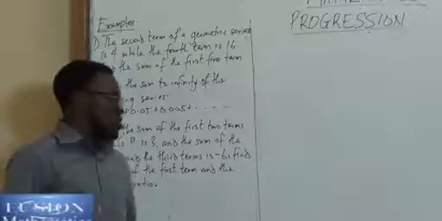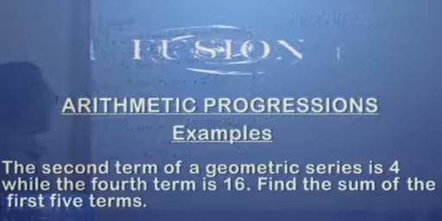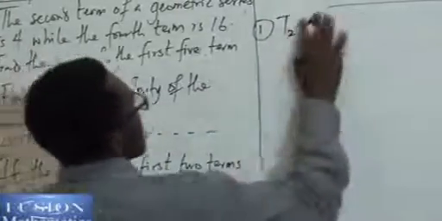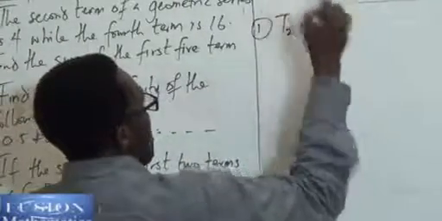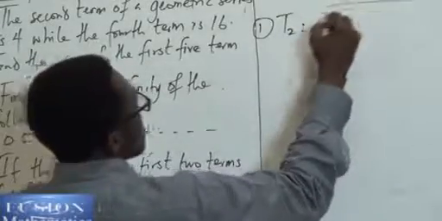We have 3 questions on the board. The first one: the second term of a geometric series is 4, while the fourth term is 16. Find the sum of the first 5 terms. Now, for the first question, we are given the second term, T2. We write it as ar raised to power 2 minus 1, which is 1.